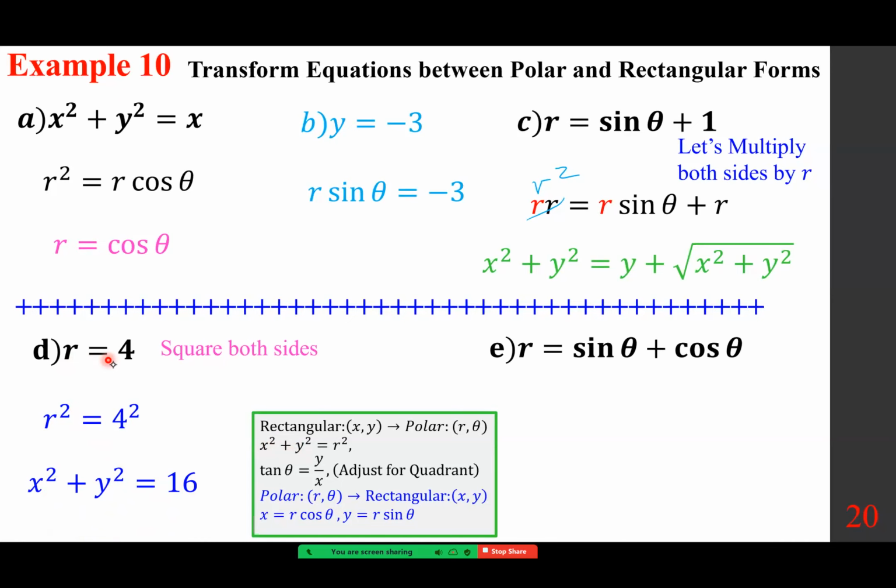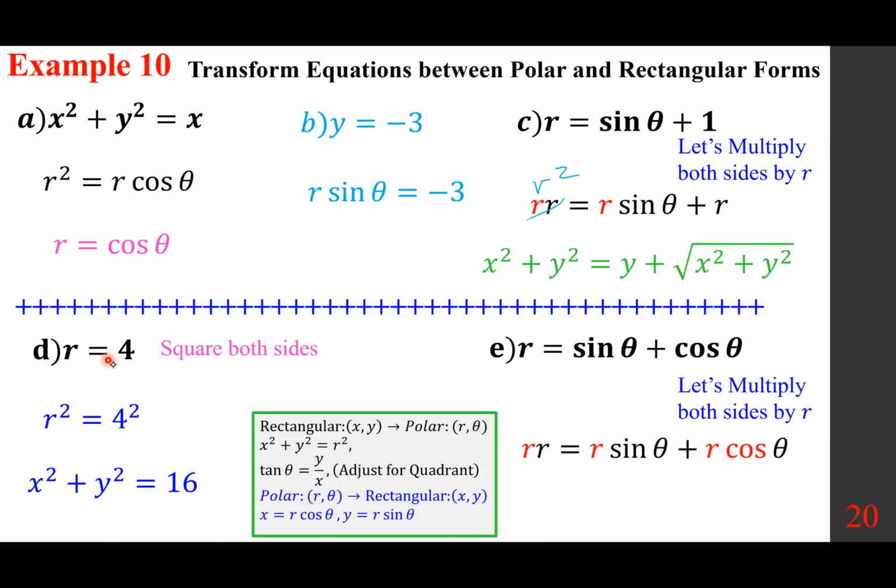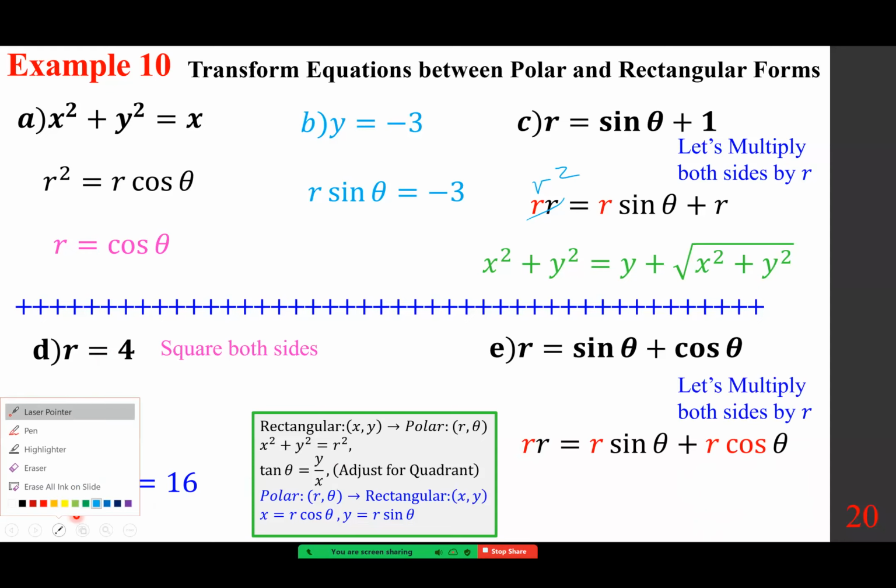R equals sine theta plus cosine theta. Again, you may recognize the technique that basically multiply both sides by r. So here's what we get. This is r squared again, class. And we know this is obviously x squared plus y squared.